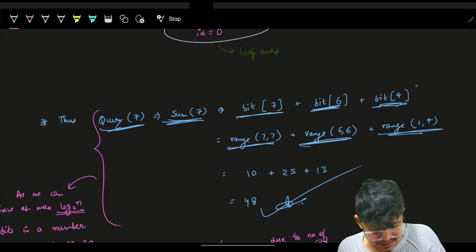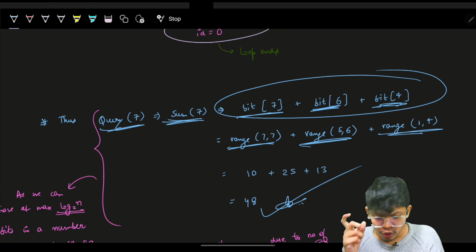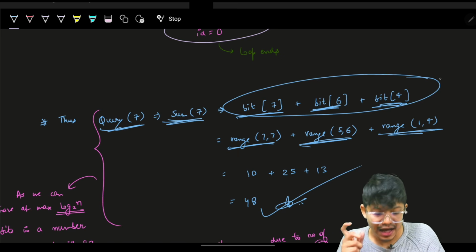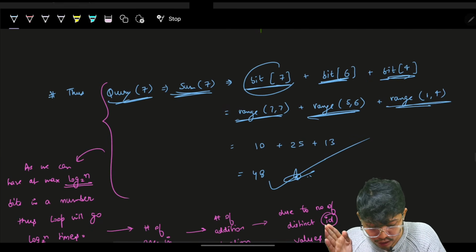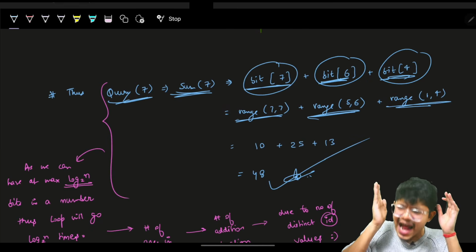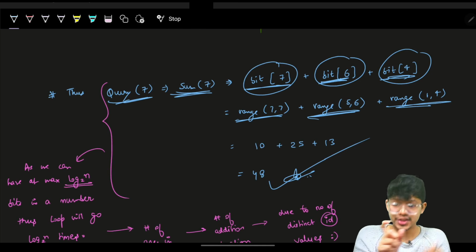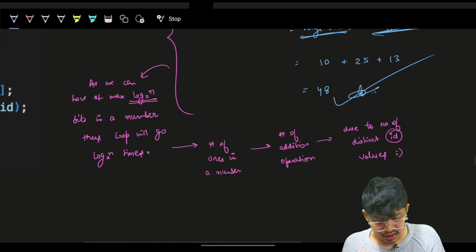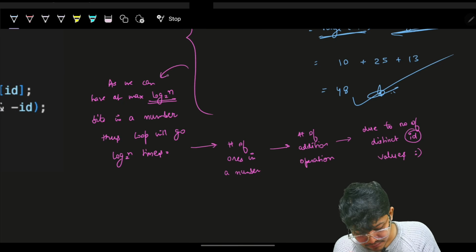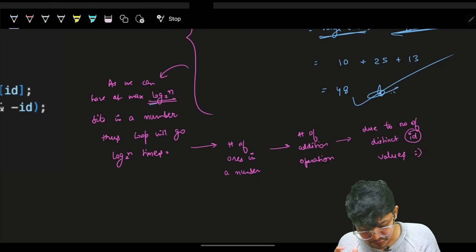Again, a number will have just log n bits, so I will for sure break down into at max log n number of ranges. So that's how I know the time complexity for this operation. We know that we have at max log n bits for that specific number.